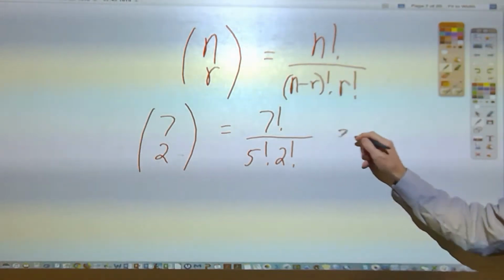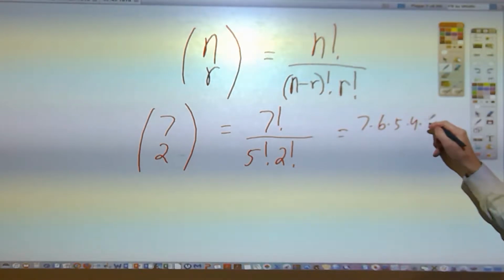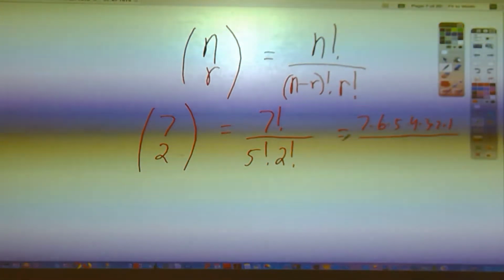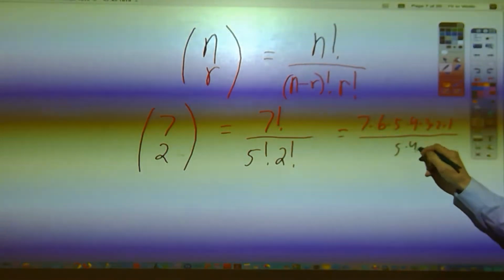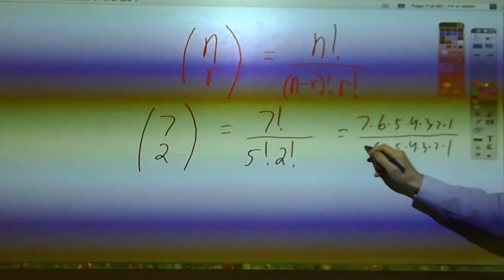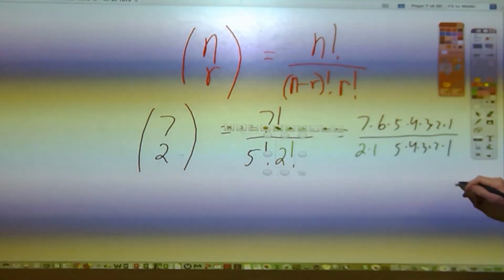No, what 7 factorial actually means is 7 times 6 times 5 times 4 times 3 times 2 times 1. And 5 factorial means 5 times 4 times 3 times 2 times 1. And 2 factorial means 2 times 1. It's in yellow. We don't use yellow every day around here, but we're doing it today.